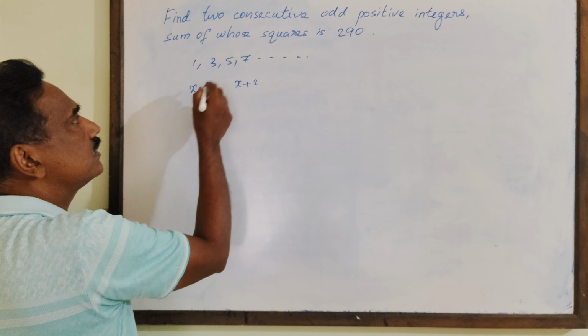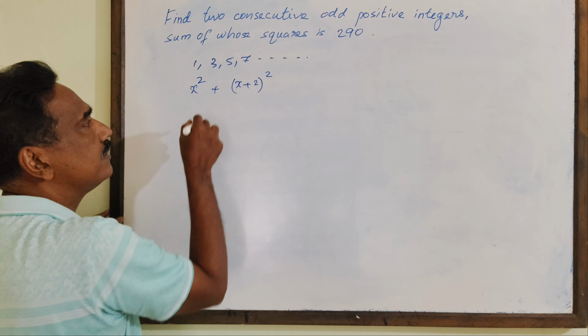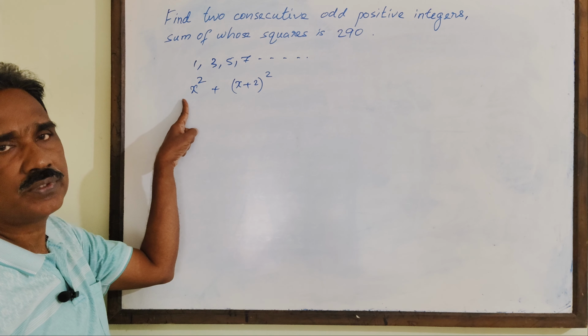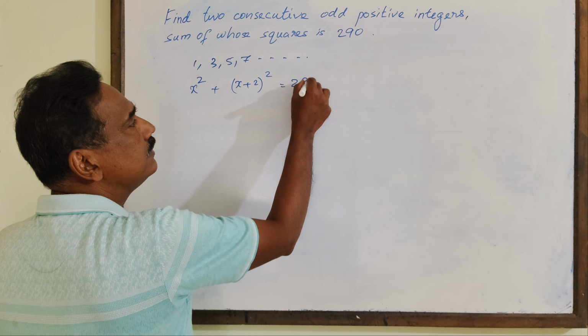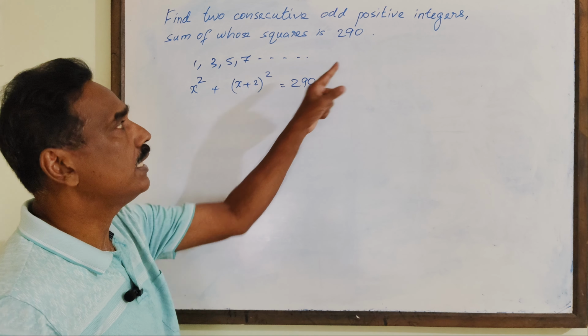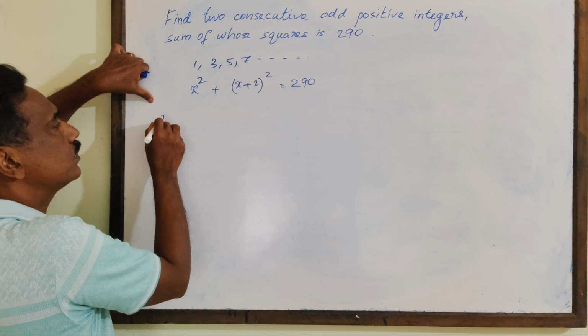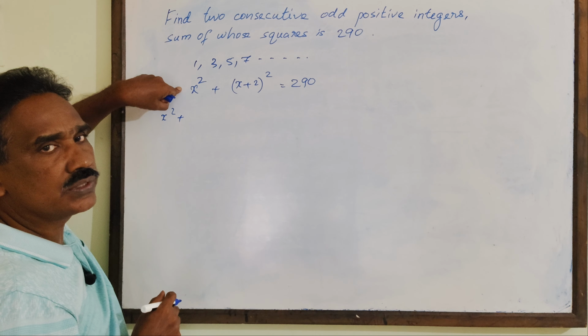Therefore, as per the question, you have to square both of them and then add. Now it is the sum of squares of the consecutive odd positive integers, that is given to be 290.